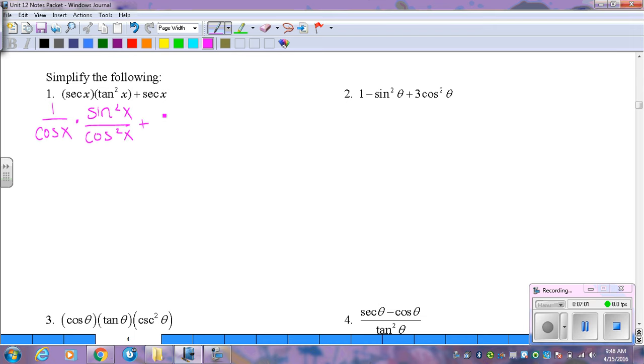And secant we can change into 1 over cosine. So basically all I did was I went through and I substituted in different identities. Now this first one here is multiplication. So if I multiply straight across, I'm going to end up with sine squared x over cosine cubed x.